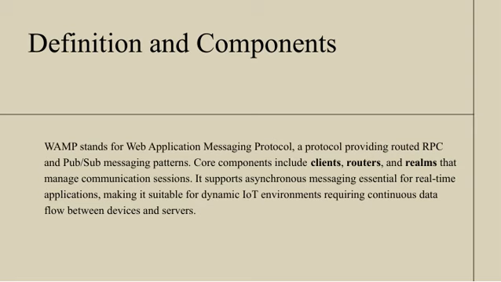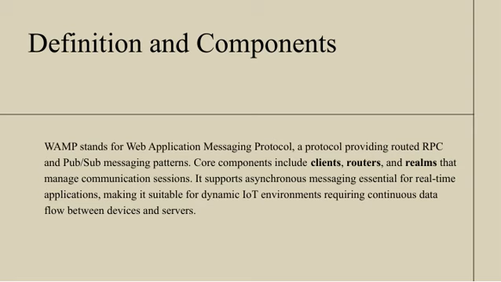The core components of WAMP include clients, routers, and realms. Clients are simply the applications or devices that want to communicate. Routers act as the middlemen, directing messages between clients. And realms are like communication spaces where sessions are managed. Think of them as separate channels for different groups of devices or applications.